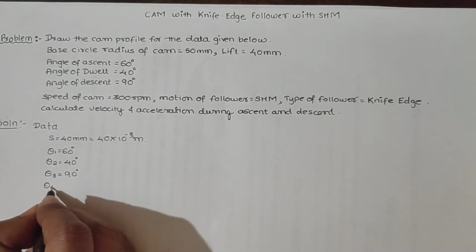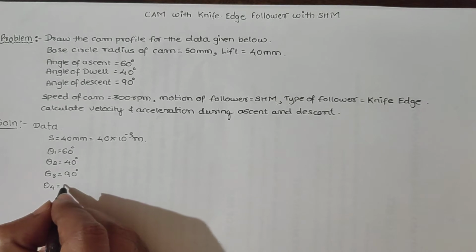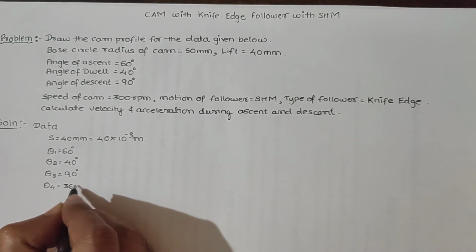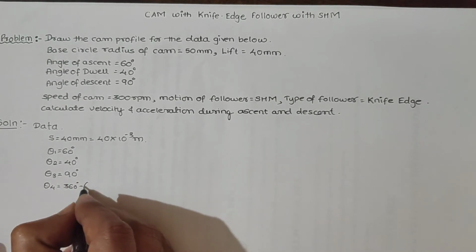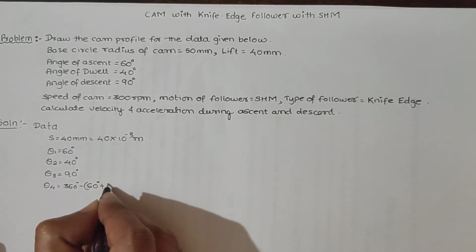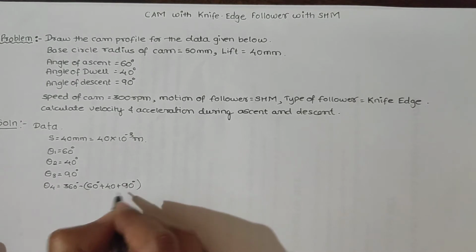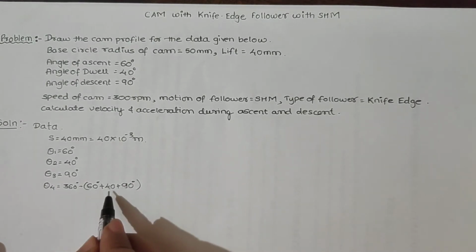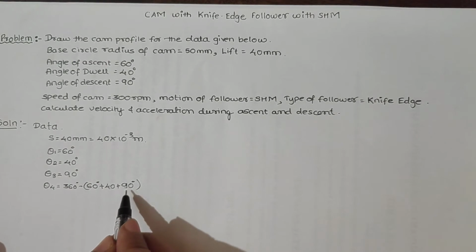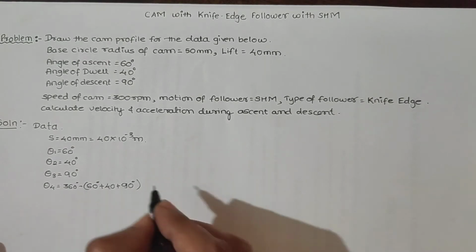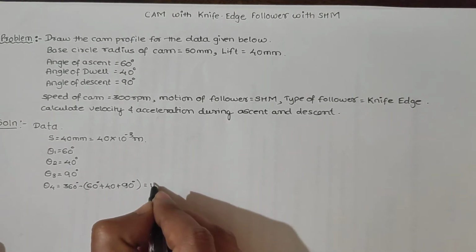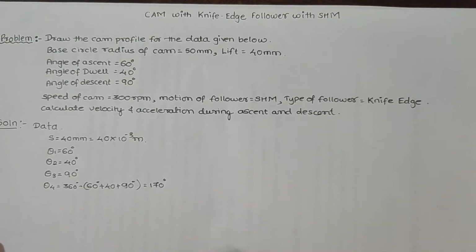And to find out theta 4, we'll subtract the summation of all the angles from 360 degree, that is 60 degree plus 40 degree plus 90 degree. So 60 plus 40 is 100, 100 plus 90 is 190, 360 minus 190 will give you 170 degrees.